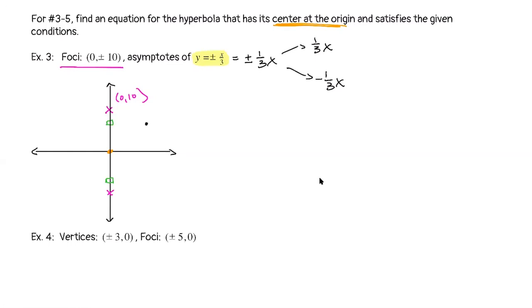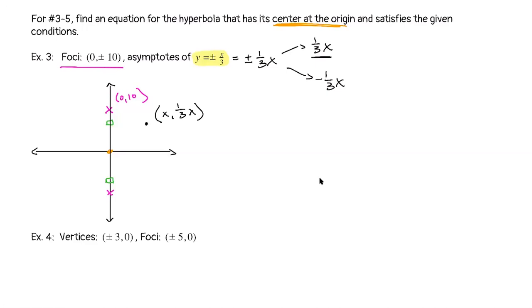Now, you might be like, well, how do you know when to stop if you don't know where the vertex is? What we can do is say that this is going to be x, and this y value is just going to be 1/3 x, right?